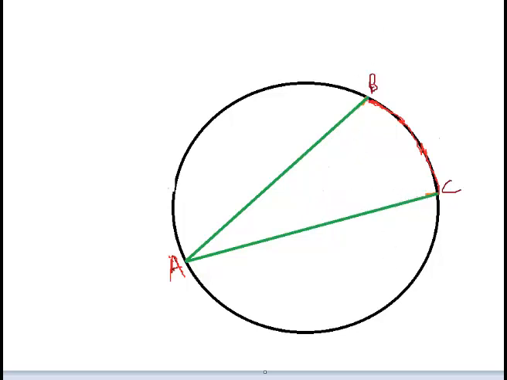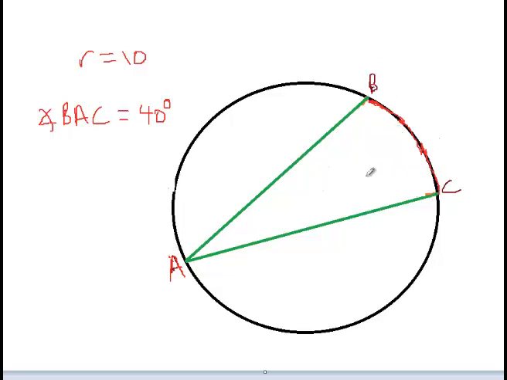Let's say you were told that the radius of this circle, we don't have any drawn, but that doesn't mean there aren't any, is 10, and that angle BAC equals, let's say, 40 degrees. Can you figure out the length of the arc?